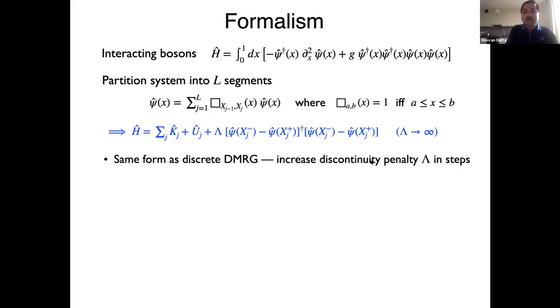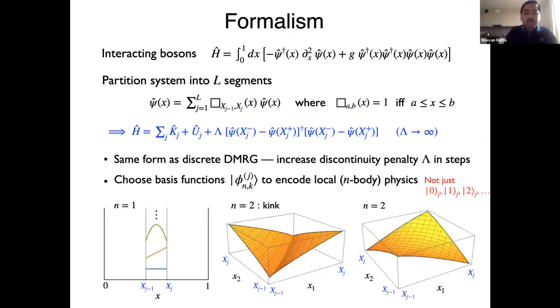That's all there is to it. And how do you take care of lambda? Well, we found the easiest way was to just increase lambda in steps so that the discontinuity goes down as you optimize your parameters.